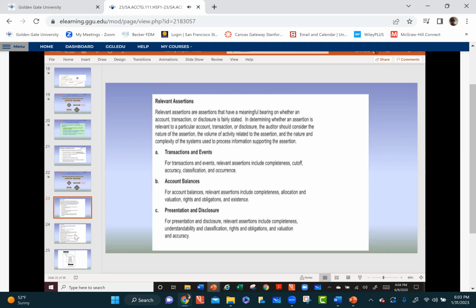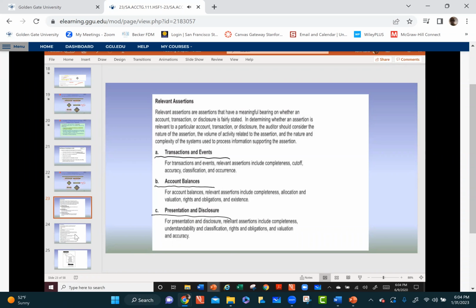You look at them in terms of assertions. So management is asserting to you that assets exist, that liabilities are complete. That's how we're going to look at financial statements from now on. And when we look at the assertions, we break them basically into three categories: transactions and events set of assertions, account balance set of assertions, and presentation and disclosure set of assertions.